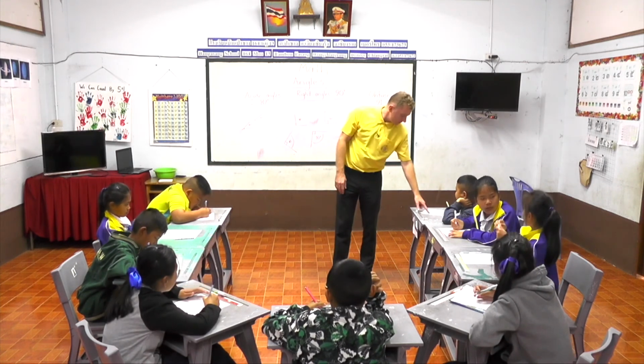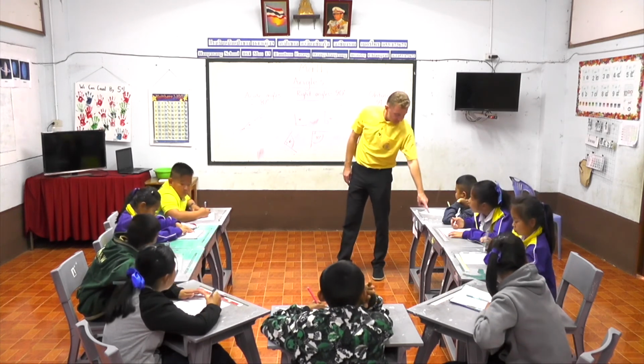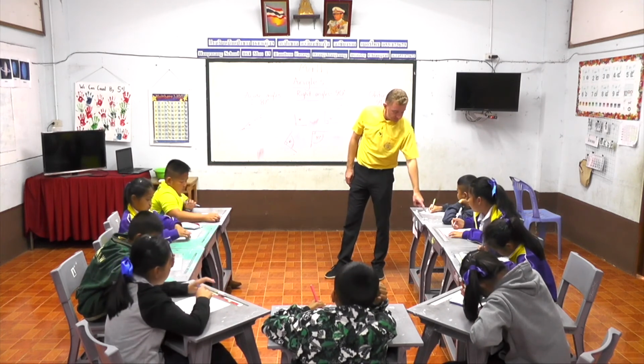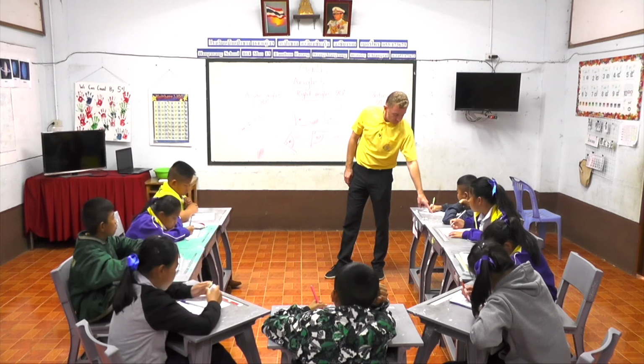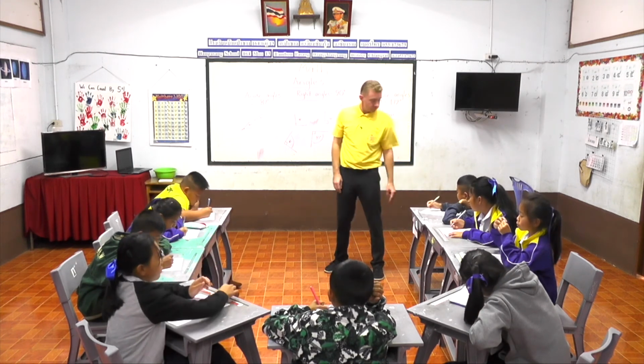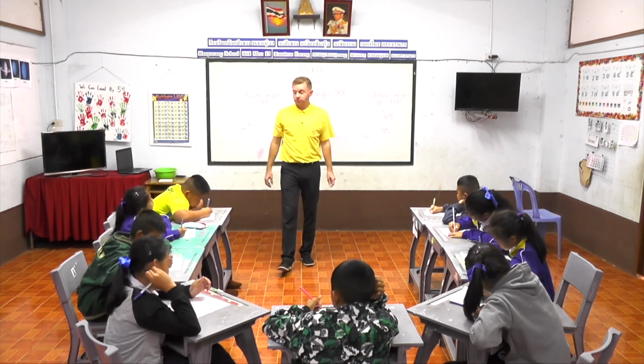And then don't forget to label and name your points and lines. Remember your vertex point and your lines. So you need to name like we did in a previous lesson.